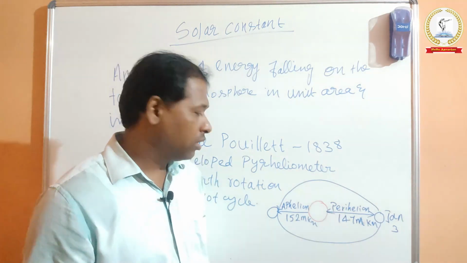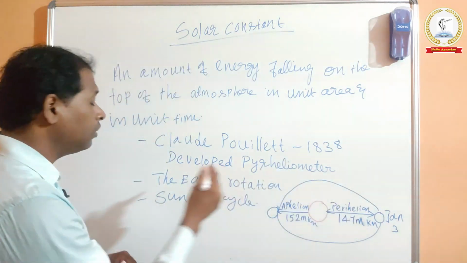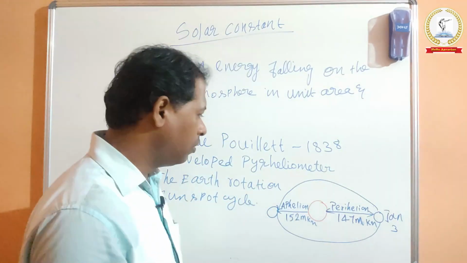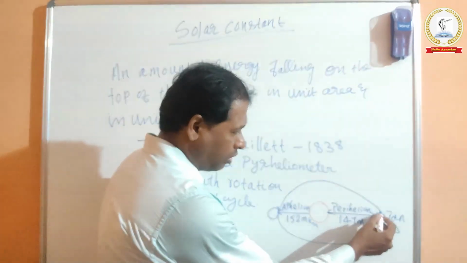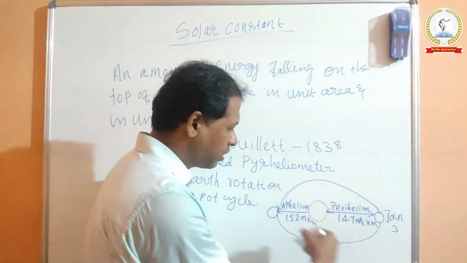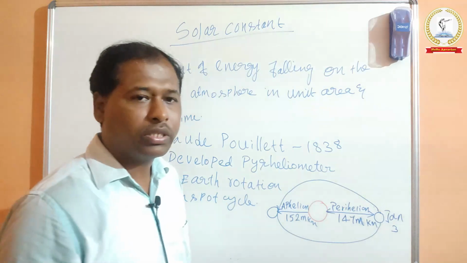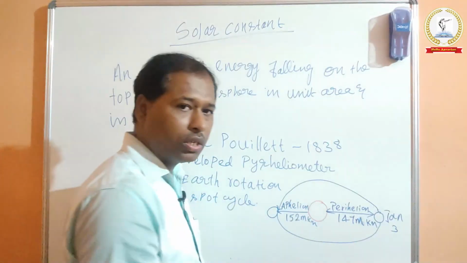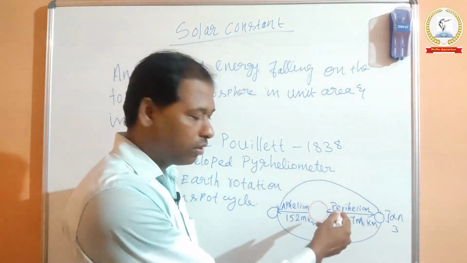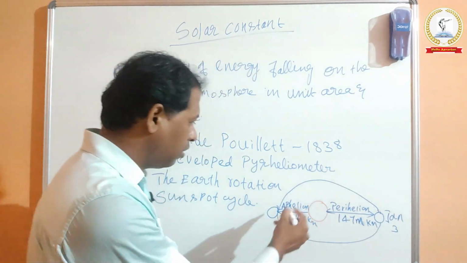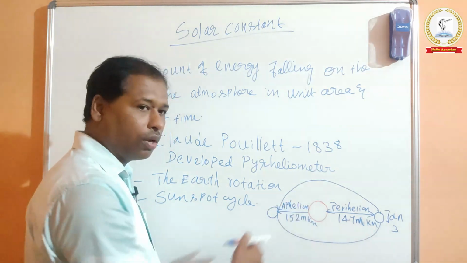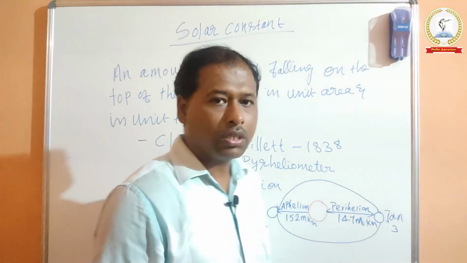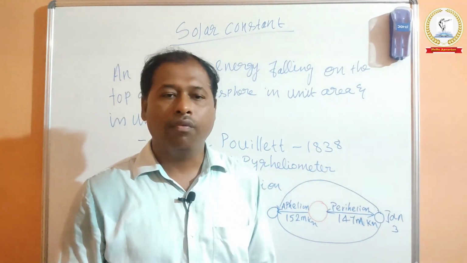So because of this, the solar constant value will vary. You see here, our earth is in an elliptical orbit around the sun. At certain times our earth comes closer to the sun, that is called perihelion, and sometimes the earth goes away from the sun, that is called aphelion. So because of this, solar constant value will vary.